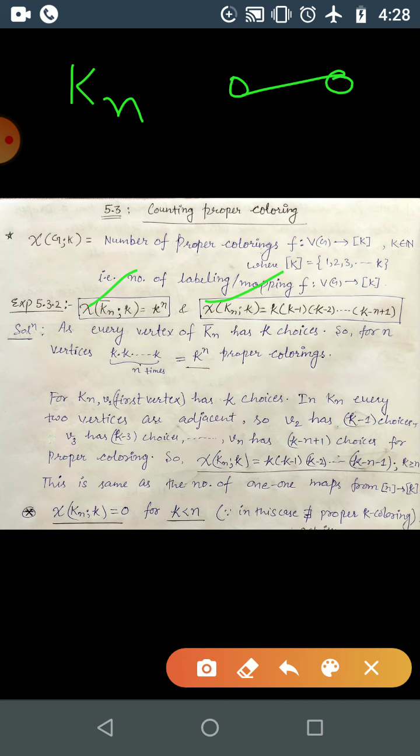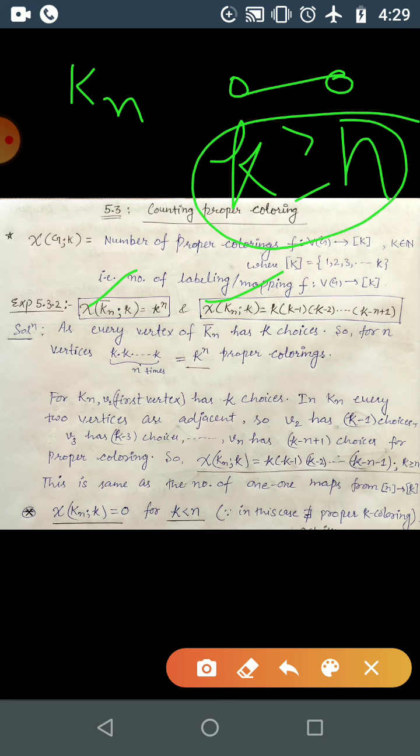So for K2 the number of colors should be at least 2, for K3 at least 3, and for Kn, k, the number of colors given, should be at least n. Only then does a proper coloring exist. Otherwise, whenever k is strictly less than n, no proper coloring exists, because every two vertices are adjacent in Kn.